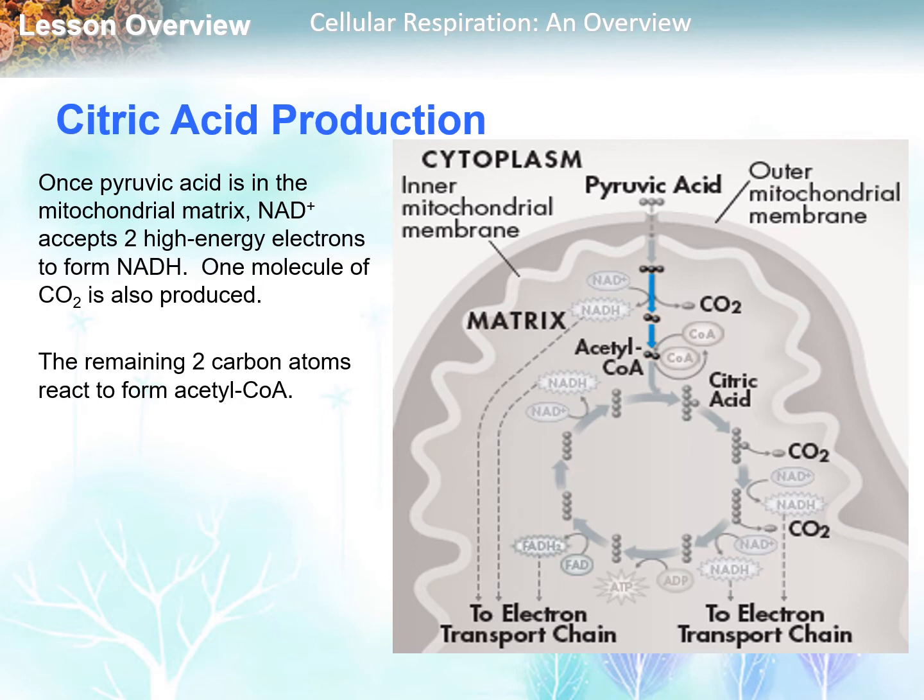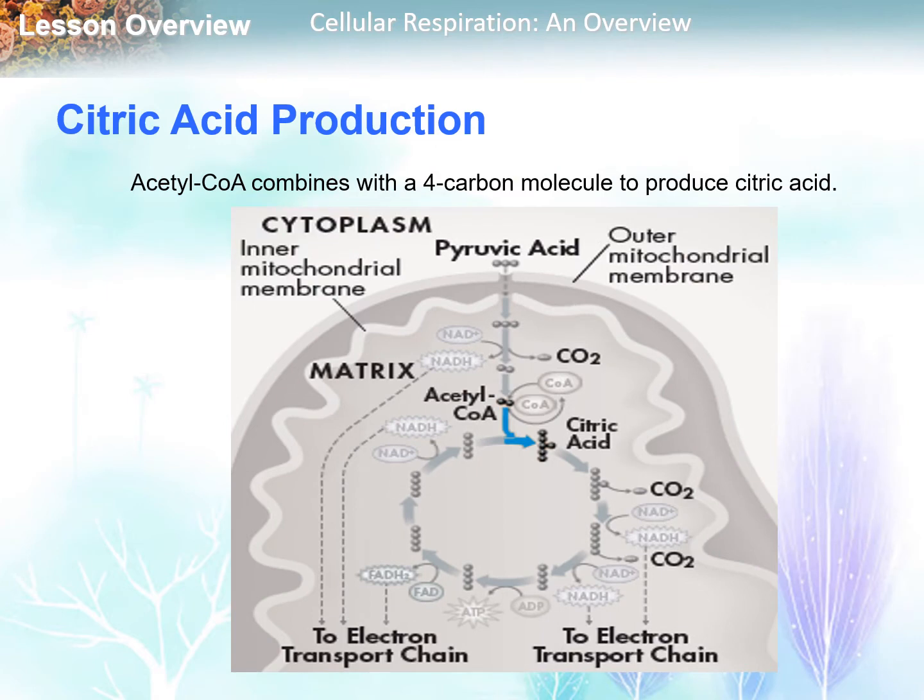One molecule of carbon dioxide is produced. The remaining two carbon atoms react to form acetyl-CoA. So from a three-carbon compound of pyruvic acid, one carbon is released in the form of carbon dioxide, and the two remaining carbons react to form acetyl-CoA.